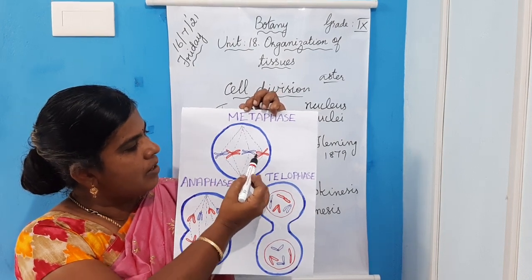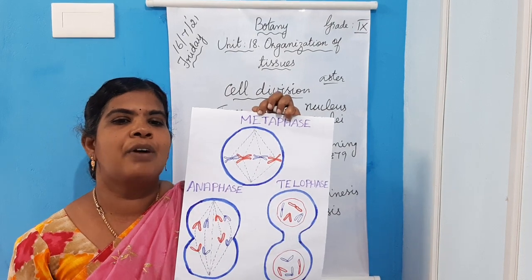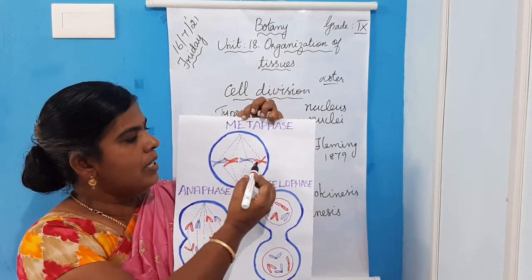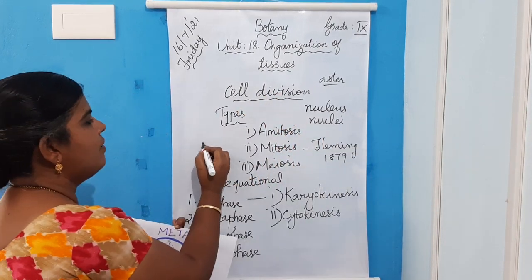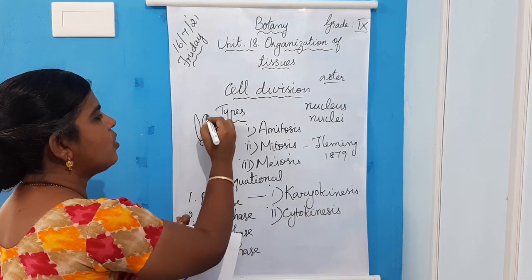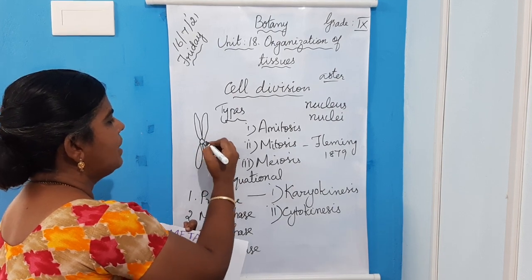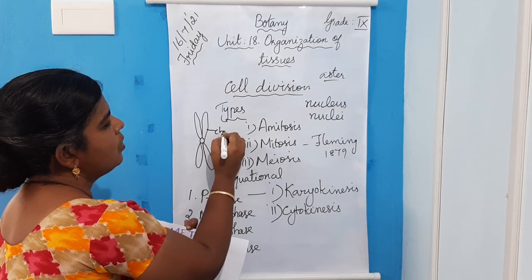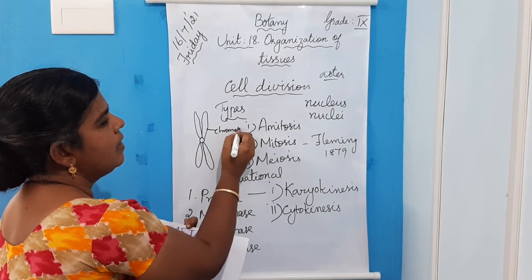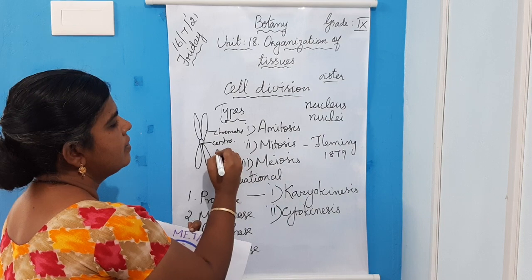See, these are the spindle fibers. Each chromosome is attached to the spindle fiber by its centromere. Each chromosome has a central body, the centromere, and arms called chromatids. This is a chromatid and the central body is the centromere.